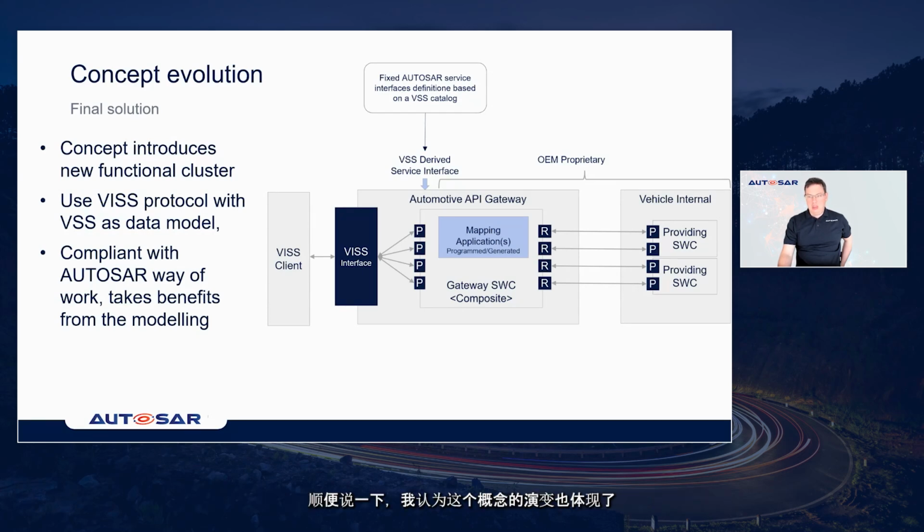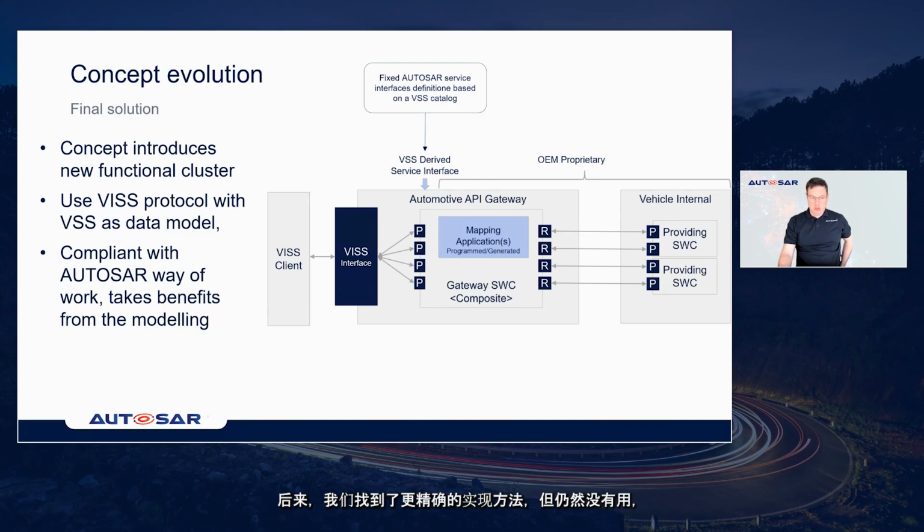By the way, I believe that the evolution of the concept also shows the growth of the Workgroup Cloud in the AutoSAR consortium. Automotive API was basically the first concept under the Workgroup Cloud umbrella. So at the beginning, we had some ideas of what we would like to do and how to do it.